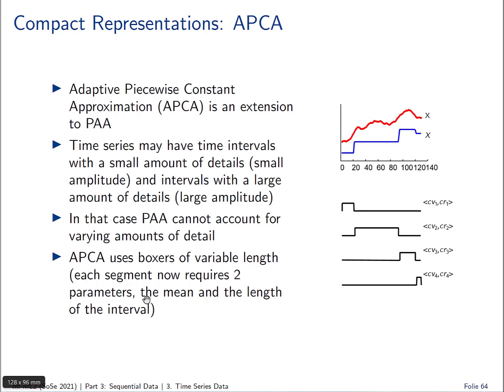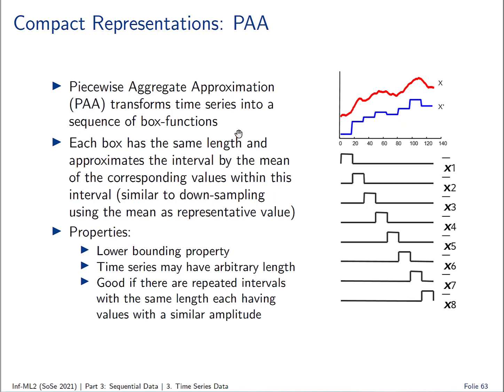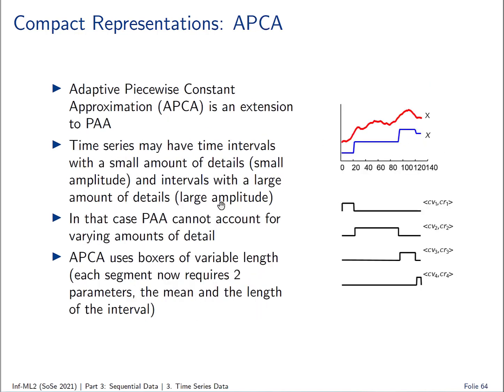So each segment has now two parameters, the mean and the length. Here in PAA we only have the mean because the length is always fixed. Now in APCA we additionally store the length because the length can be different for different boxes.